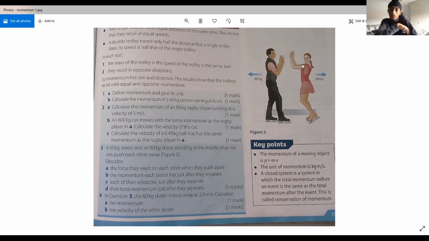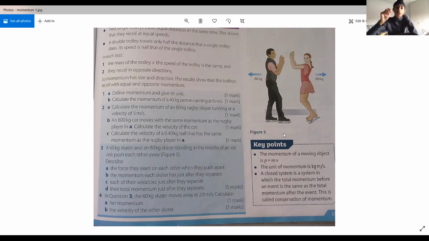So what did you say about the sizes, the actual value of the momentum itself? It will be the same. Are you happy? So if I add the two to find the total, what result am I going to get? Will it be smaller?